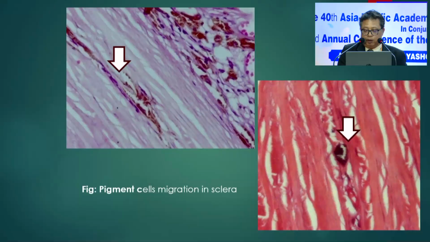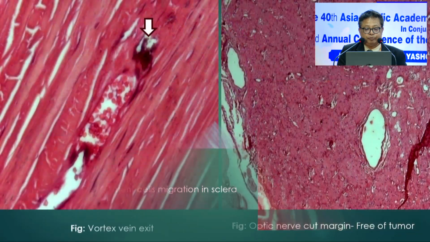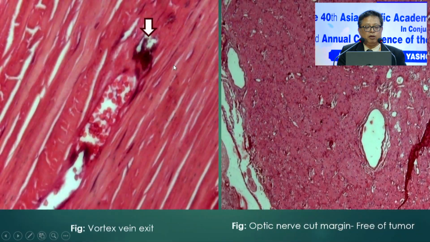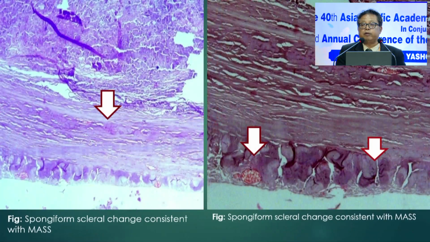This is very, very important, which is why I am showing this. Now we see this is the exit of the vortex vein, and here the pigment cells are seen. So it is very important to see the vortex vein exit. The cut end of the optic nerve was normal. This is basically important for retinoblastoma, but we even have to see it in these eyeballs.